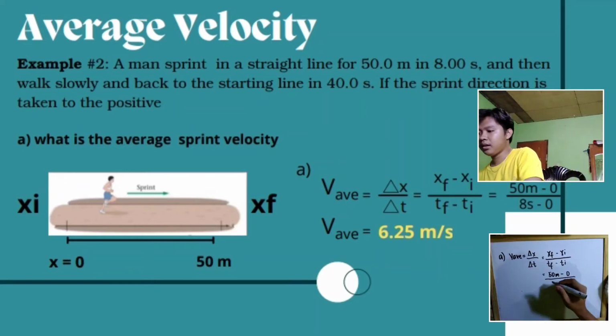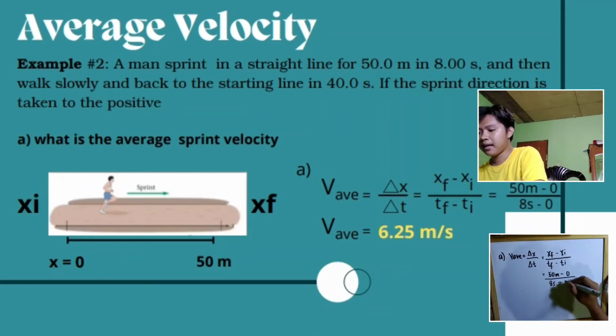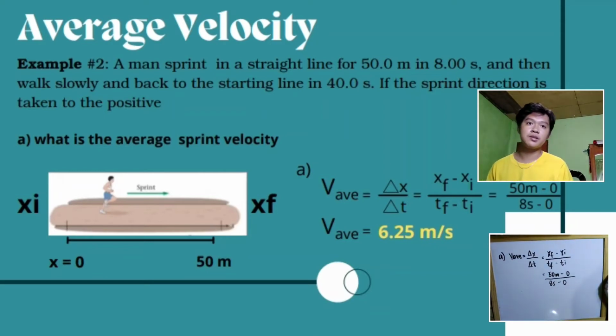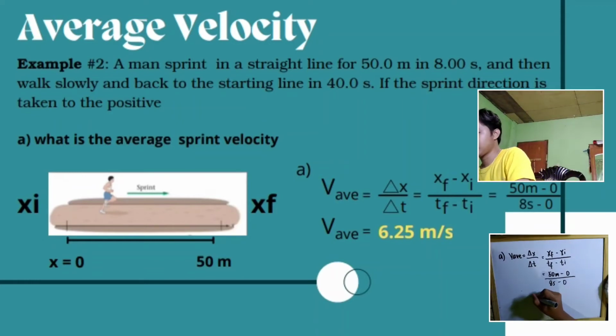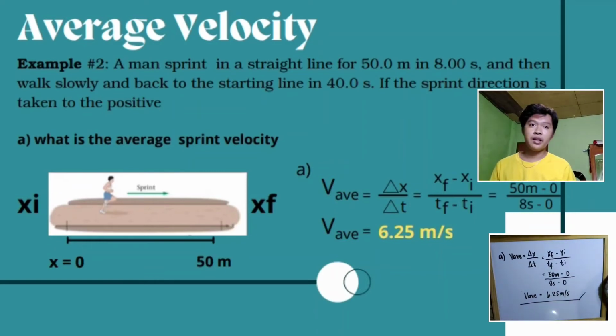And over, the final time is 8 seconds, how many seconds it took to reach where he went, minus initial time. Initial time is 0. So, V average equals, we do the math, 50 meter divided by 8 seconds. Our answer is 6.25 meter per second. So, our answer for A is 6.25 meter per second.